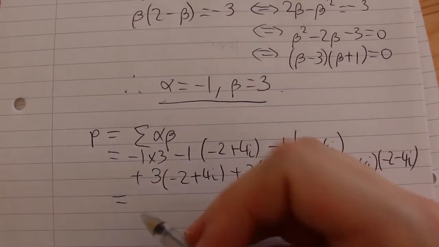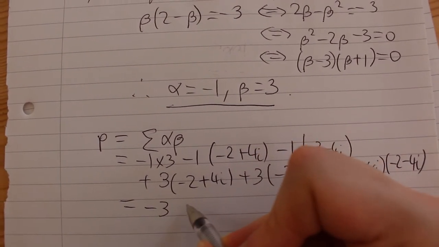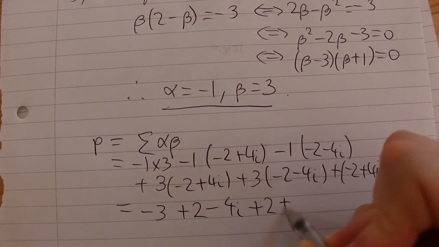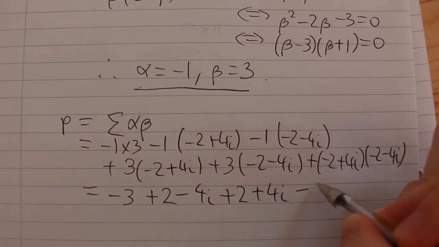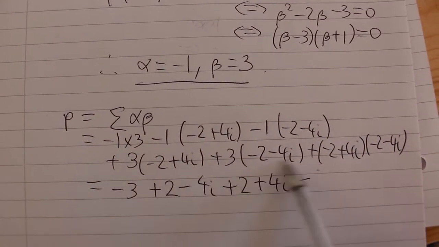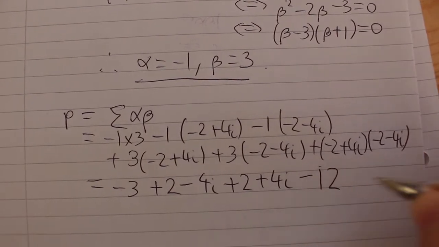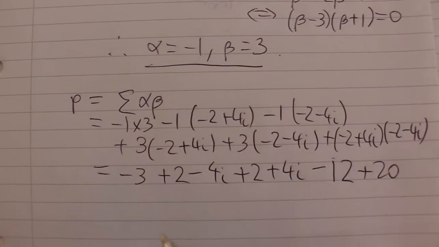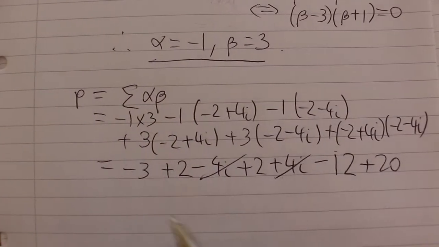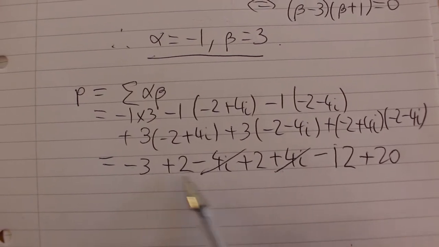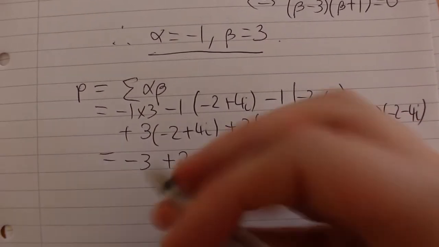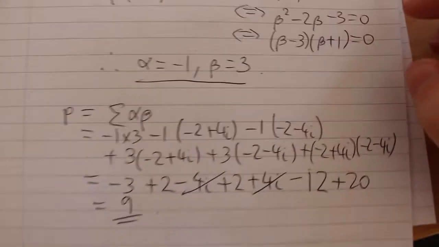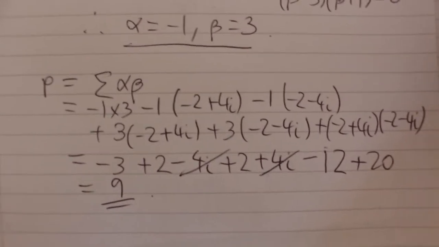So that gives us minus 3 plus 2 minus 4i plus 2 plus 4i, minus, well, from these two brackets we're going to get minus 12, and then this we worked out before was 20. So these 4i's cancel, and then we've got minus 3 add 4, that's 1, add 8, which is 9. So p is 9.